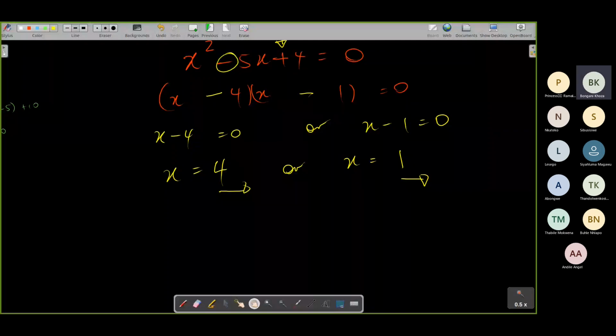Can we check if those solutions are correct? So remember, you plug in 4 first, and then afterwards you find a solution. You plug in 1 afterwards, and then you find a solution for that one as well. And both must give you 0 if we're using this part of the equation.